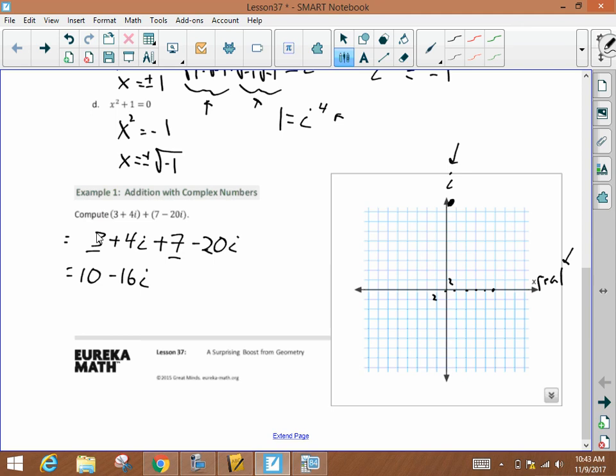Essentially, I will go 8 down, 1, 2, 3, 4. And there it is. This is how I plot this point. So this point is 10 minus 16i. And that is how we graph. Fantastic.